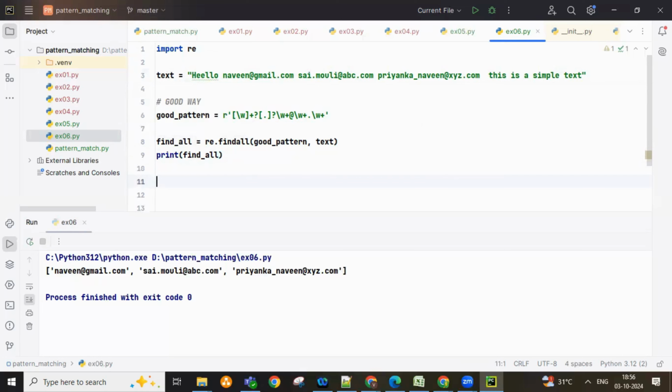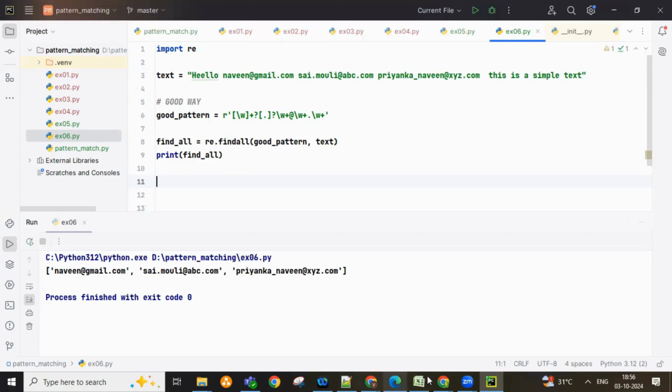We need to understand, when you're working in real time, we are really not sure what kind of patterns they are using for the email addresses in the company. Understood? So these are the typical patterns that we know. But when it comes to real time, basically we used to copy some standard patterns.